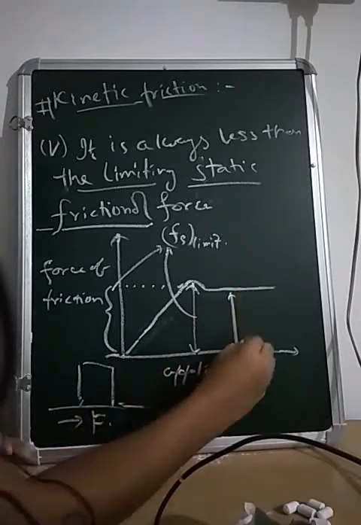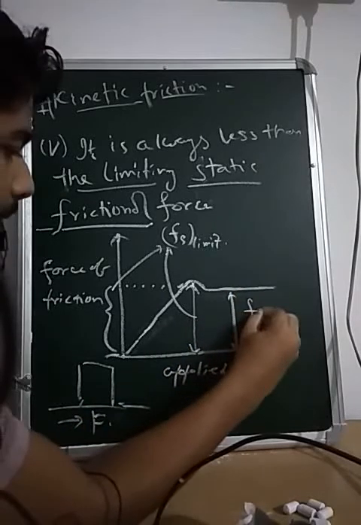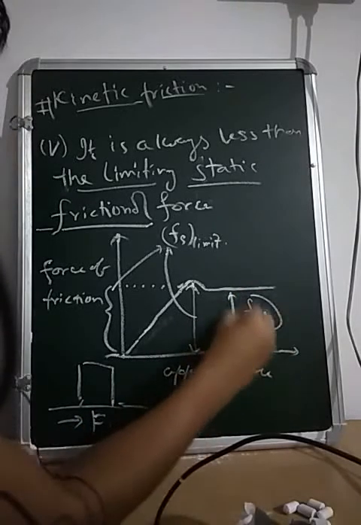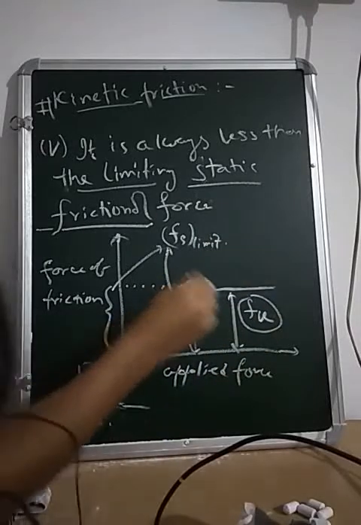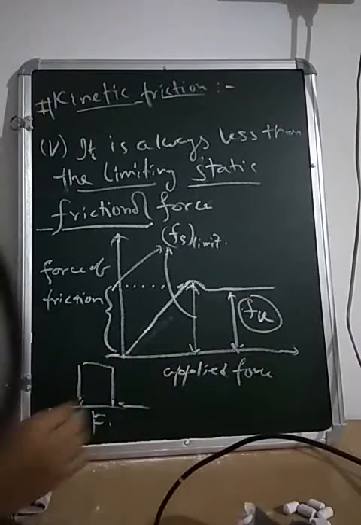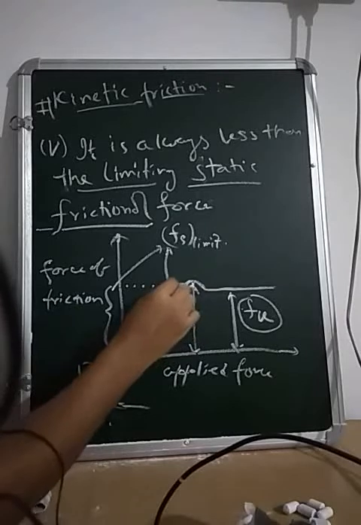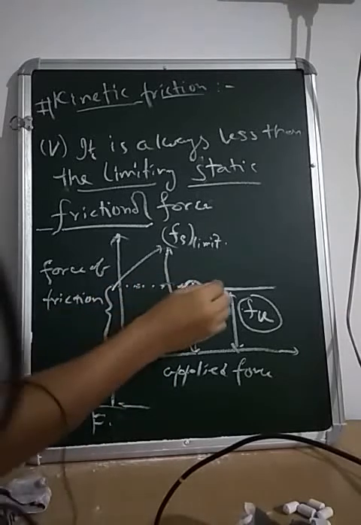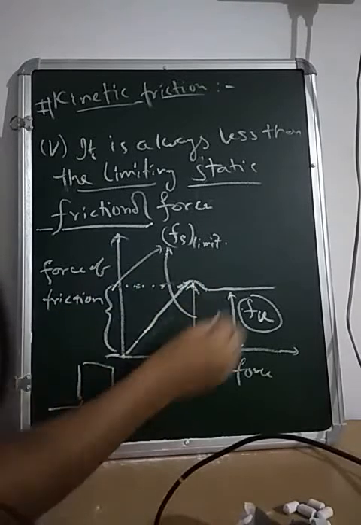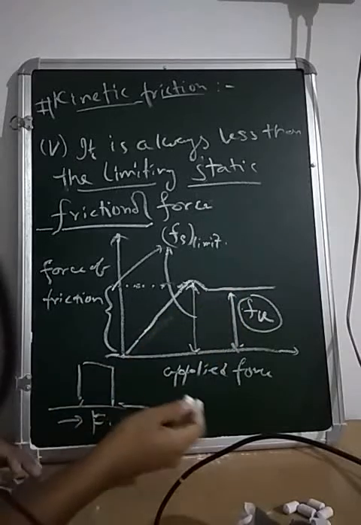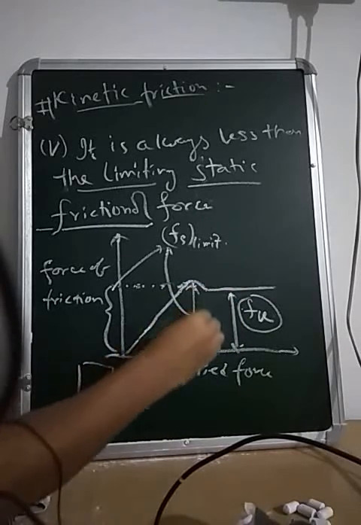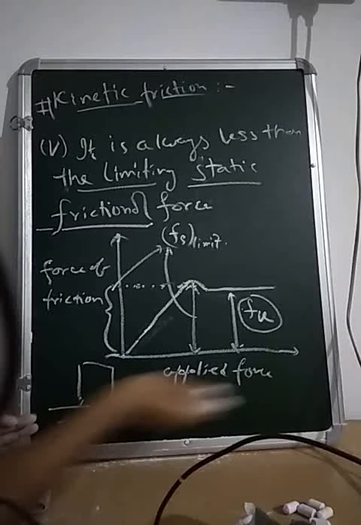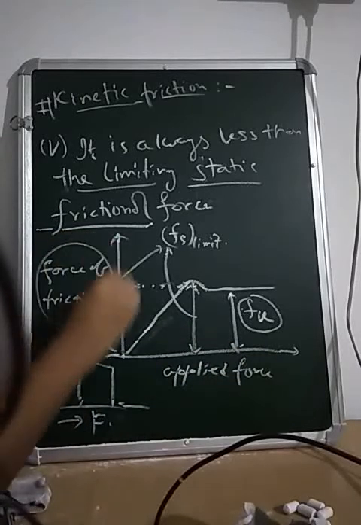This is the force of kinetic friction. It is always less than the limiting value of the static frictional force. After the limiting static frictional force, if we increase the applied force, the frictional force does not increase.